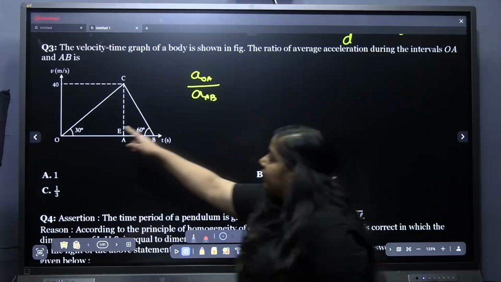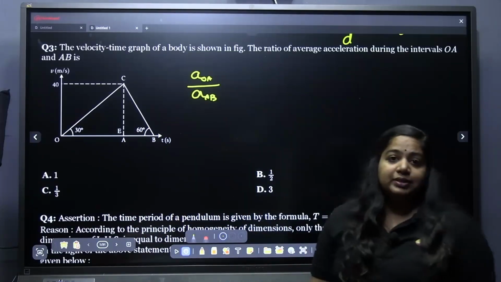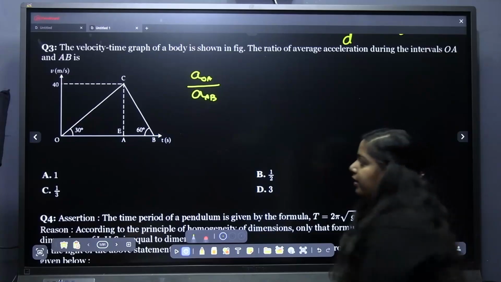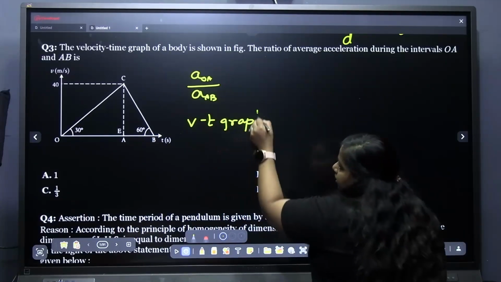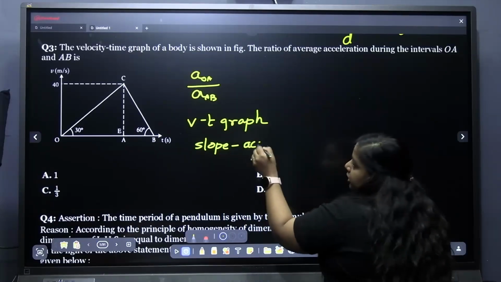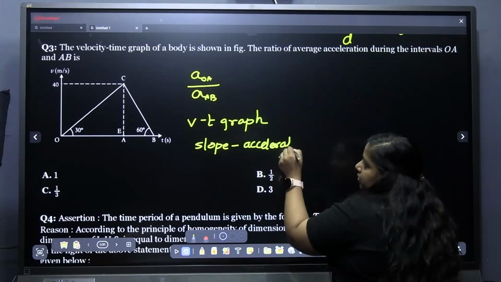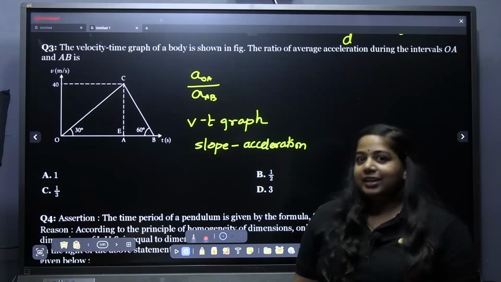And what graph is given? Velocity time graph. So in velocity time graph, slope is the acceleration. And slope, how can we find? Tan theta is slope.